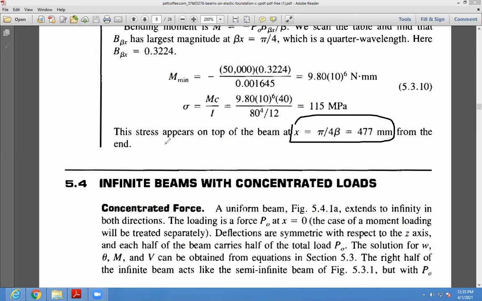So write down: maximum stress, that is 115, appears on the top of the beam at x equal to 477 mm from the end.